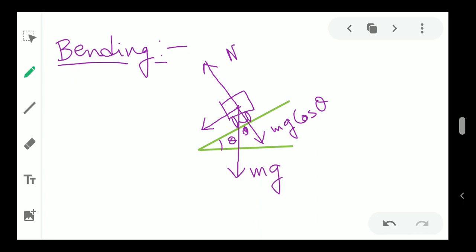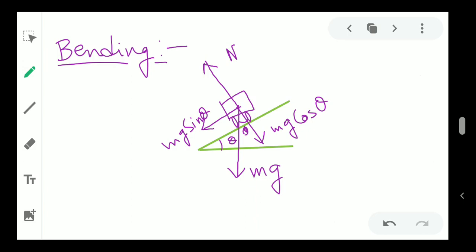Now how this is theta, we can see geometrically. This total thing is 90 degrees, this is also 90, so if this is theta, this one will be 90 minus theta, and the total angle is 90, so this much will again be theta. You can do a little bit of geometry and easily get this. And this one will be mg sin theta.